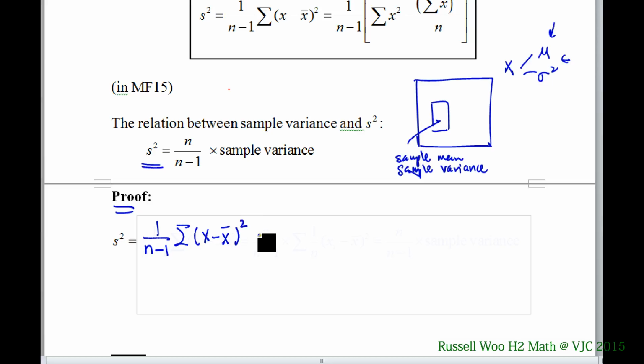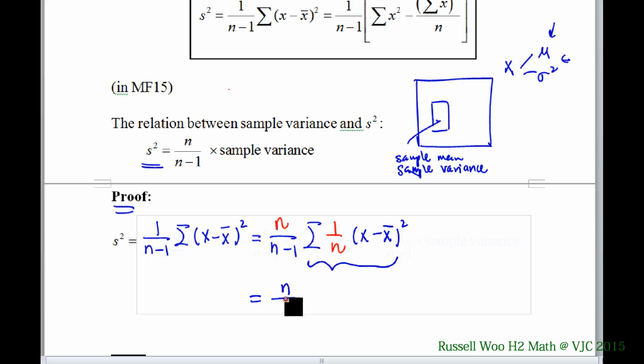Then what we can do is multiply n over n. That means I multiply n here and 1 over n here, which is basically the same thing. Correct? But now, what is this? This is the sample variance, correct? Therefore, this is equal to n over n minus 1.